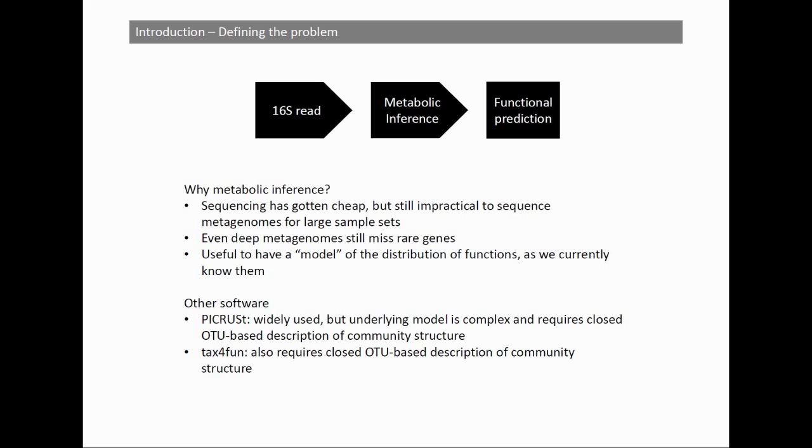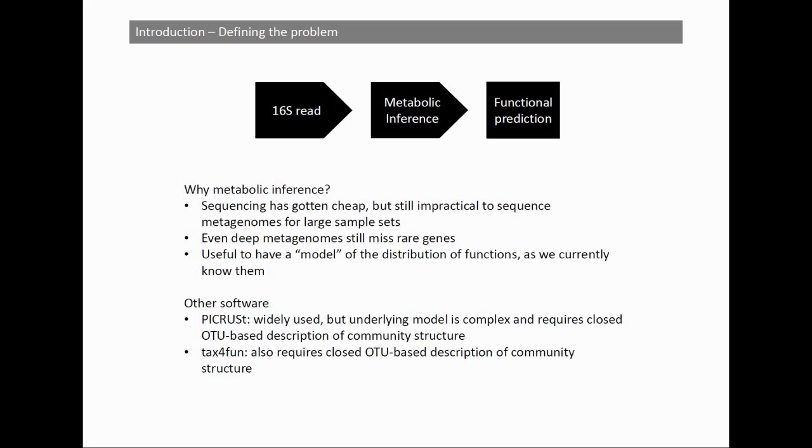So PAPRICA is certainly not the only piece of software out there to help you do this type of work, so it's worth mentioning a couple of others. One is PICRUSt, which is probably the most widely used of the available methods, and another is Tax4Fun, which is an R-based package.